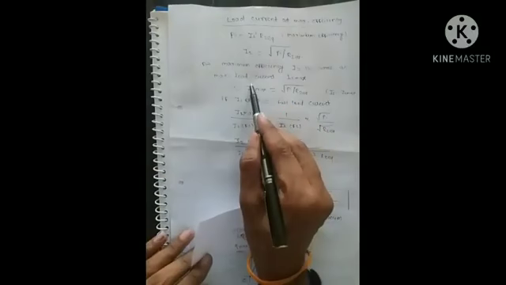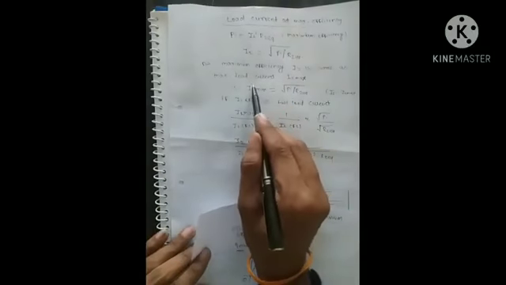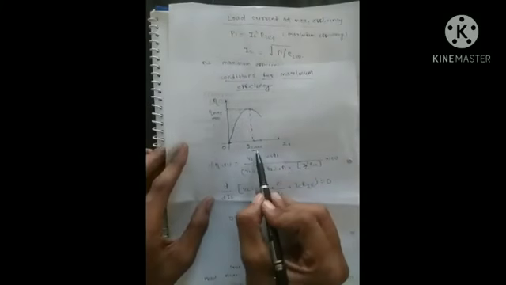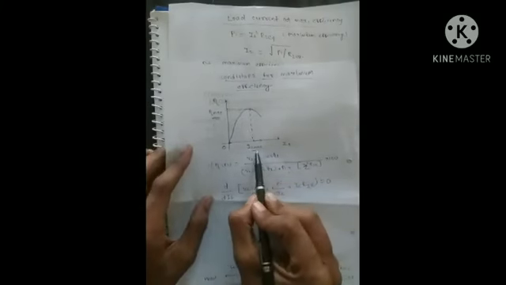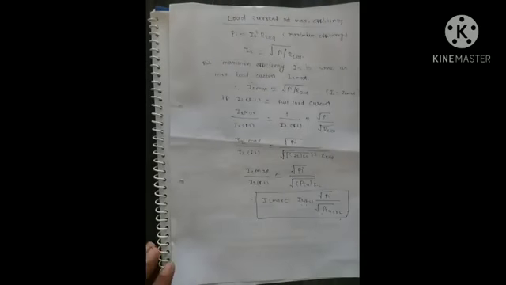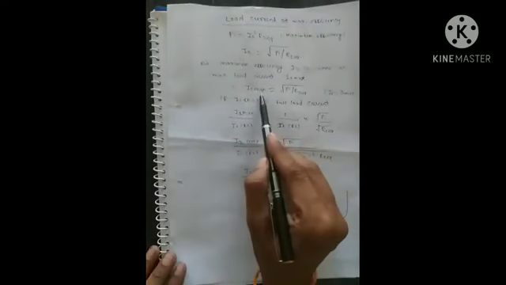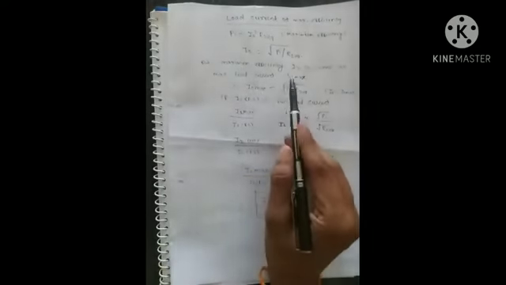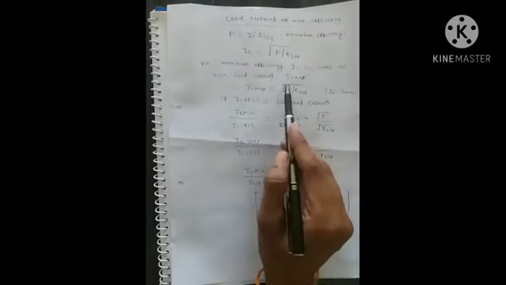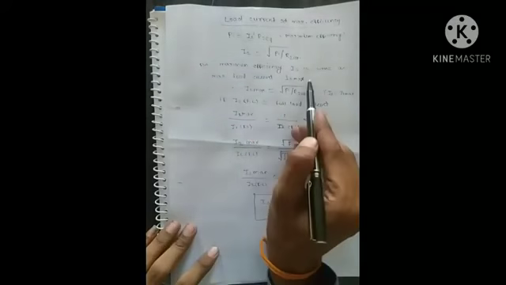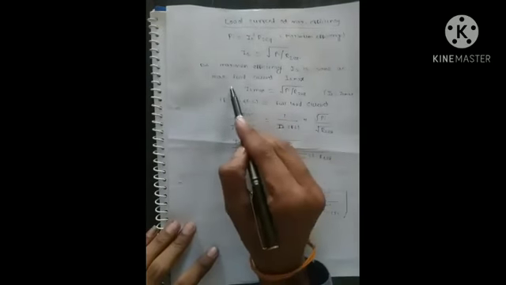In this derivation we discussed the load current at maximum efficiency, which is nothing but I2 max, because the I2 max current is the same as the maximum load current.